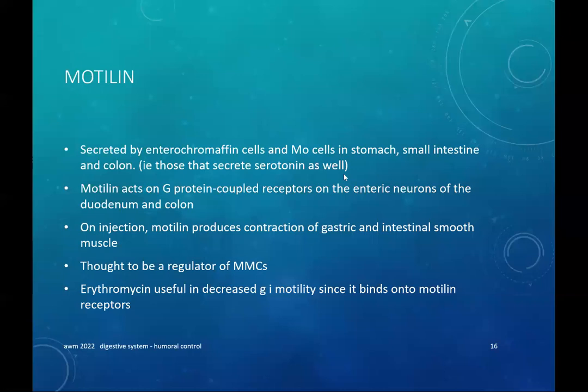It has also been thought to be the one that is responsible for the stimulation of the migrating motor complex. Remember the motor complex, it's got so many names, migrating motor complex. The one which we call the housekeeper of the stomach. The one which we said starts after you finished eating the meal.